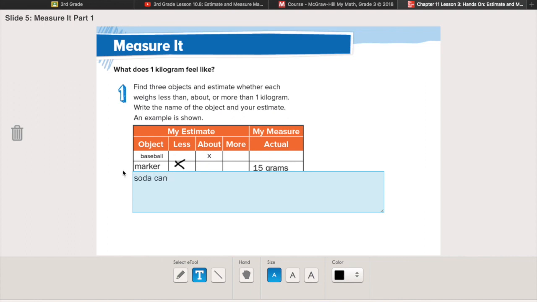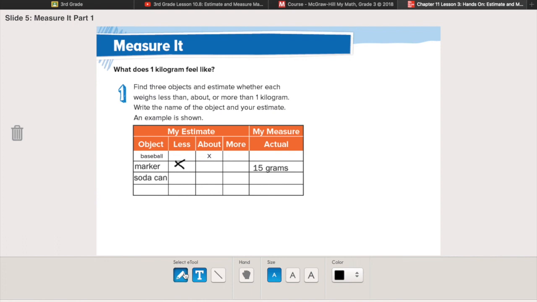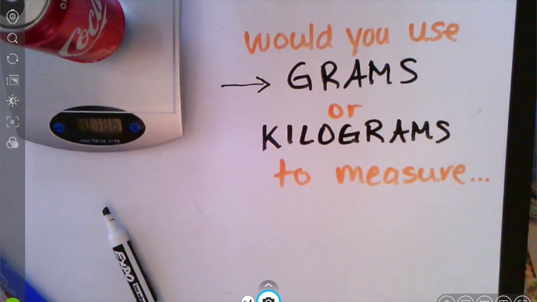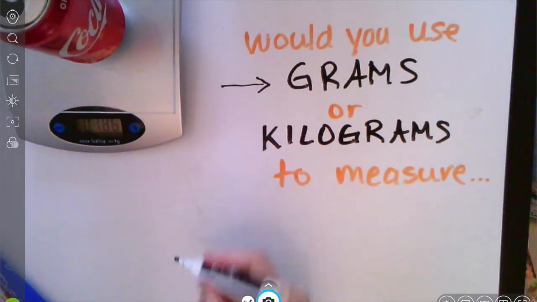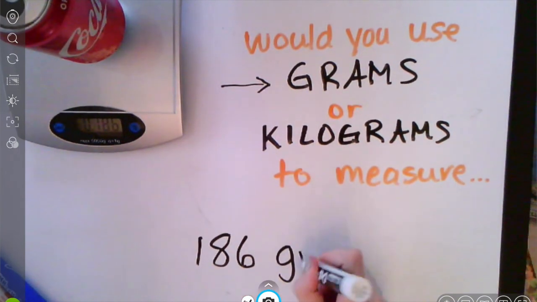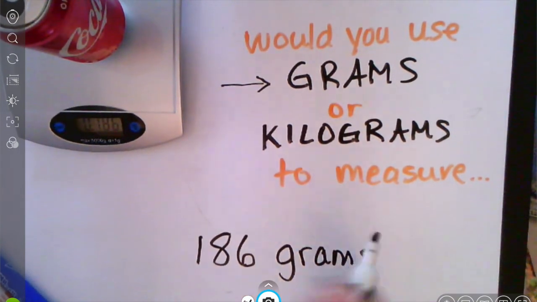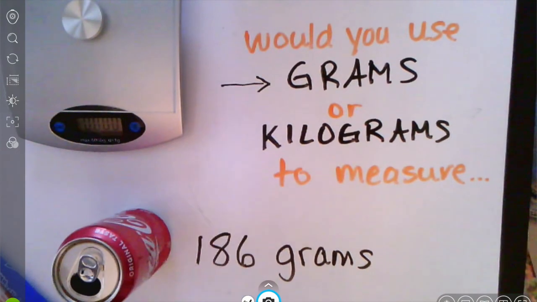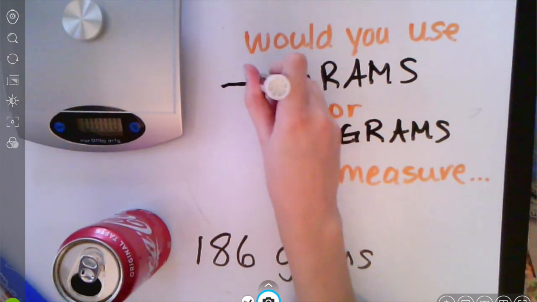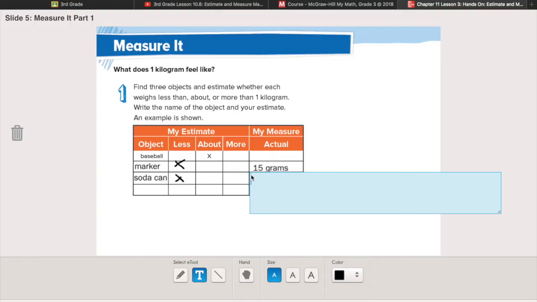I think it will be less than a kilogram. Let's find that out by putting it on the scale to weigh it. I find out that that can of Coke is 186 grams, which is less than a kilogram, because a kilogram is 1,000 grams, and this is only 186 grams. So we would definitely use grams to weigh a soda can, not kilograms.